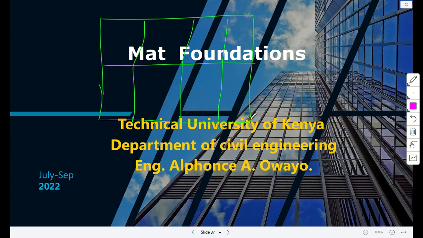In most cases you just put your columns there, columns there, columns there, columns there, and you design individual bases for those columns. So they're mostly just called pad foundation.